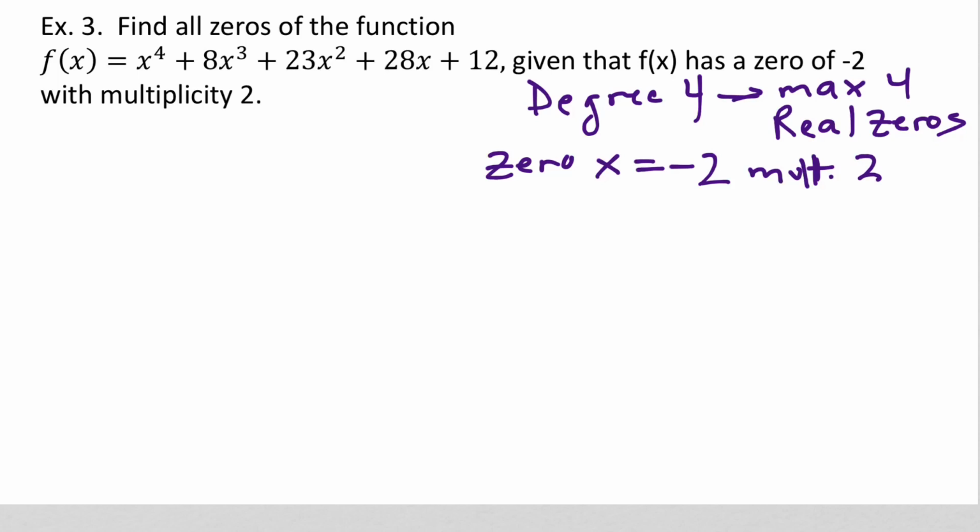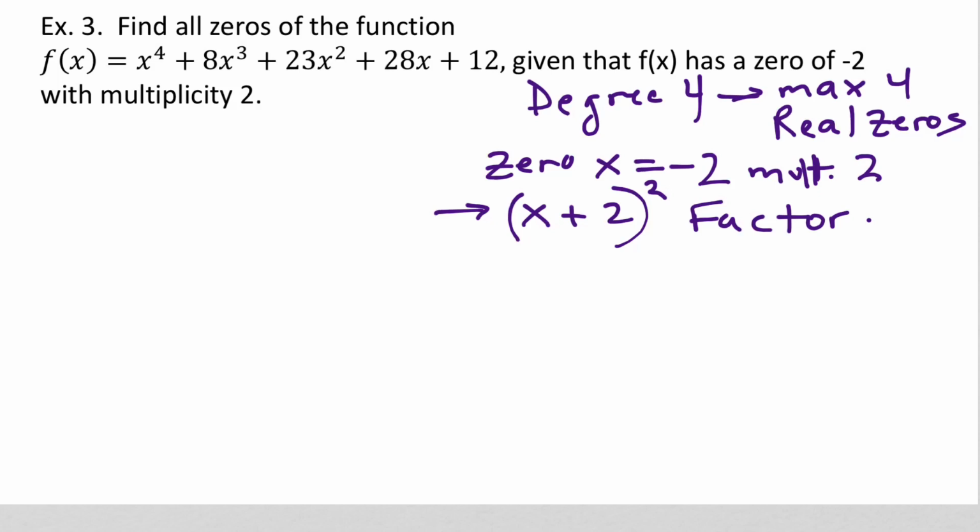That implies that we have a factor of x plus 2 with multiplicity 2. Okay, so we know all these things.